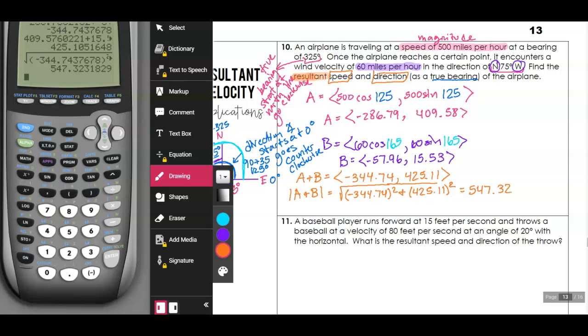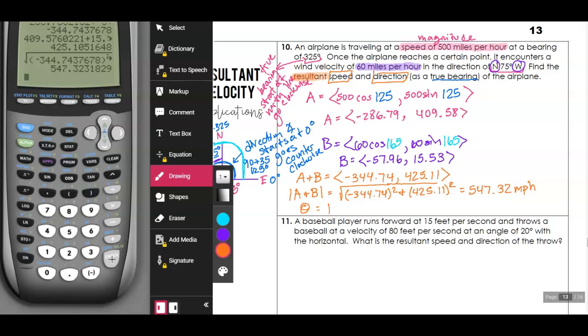What is our unit? This is a magnitude. Yes, miles per hour. Wonderful. Our magnitudes, our speeds have MPHs on them in this problem. And lastly, we find the direction angle.